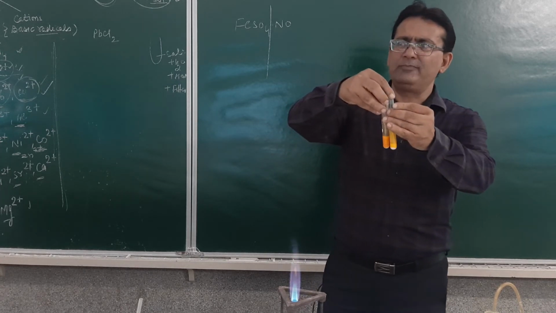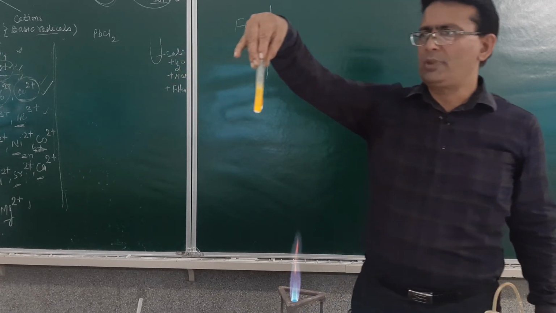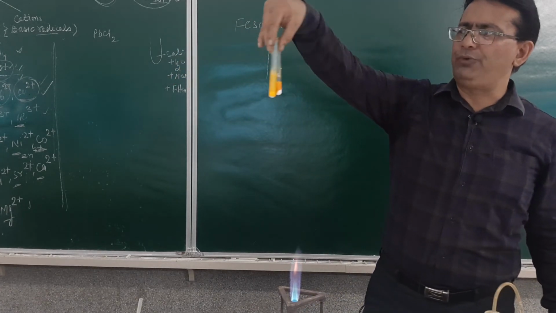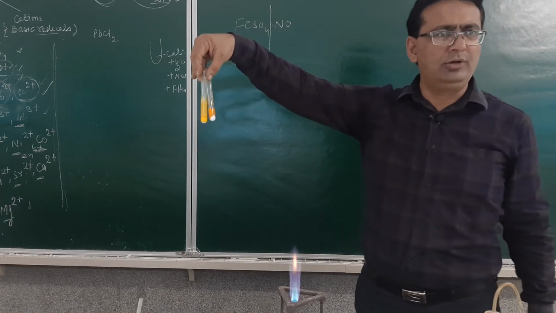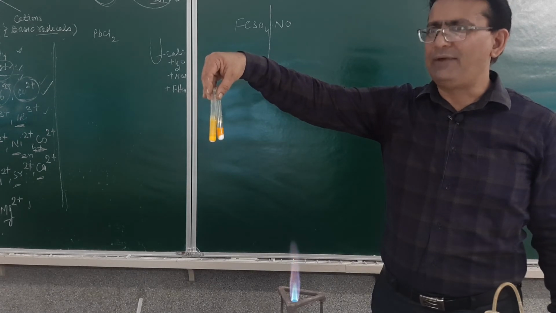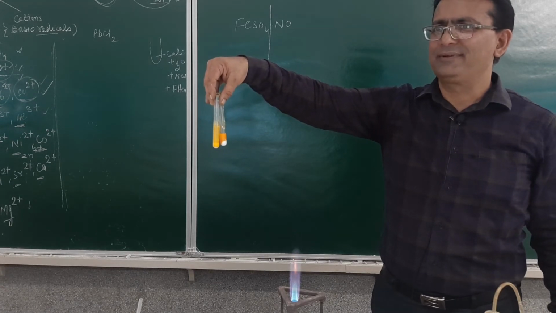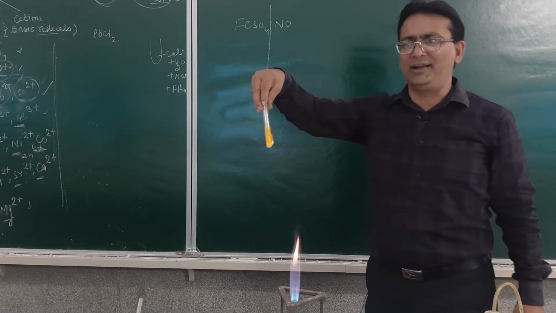Now you may see these are the two different yellow colors obtained. One is a mustard yellow. Mustard you know, na? Have you seen the flower of a mustard? It is yellow in color. Even if you have not seen, it is yellow in color.